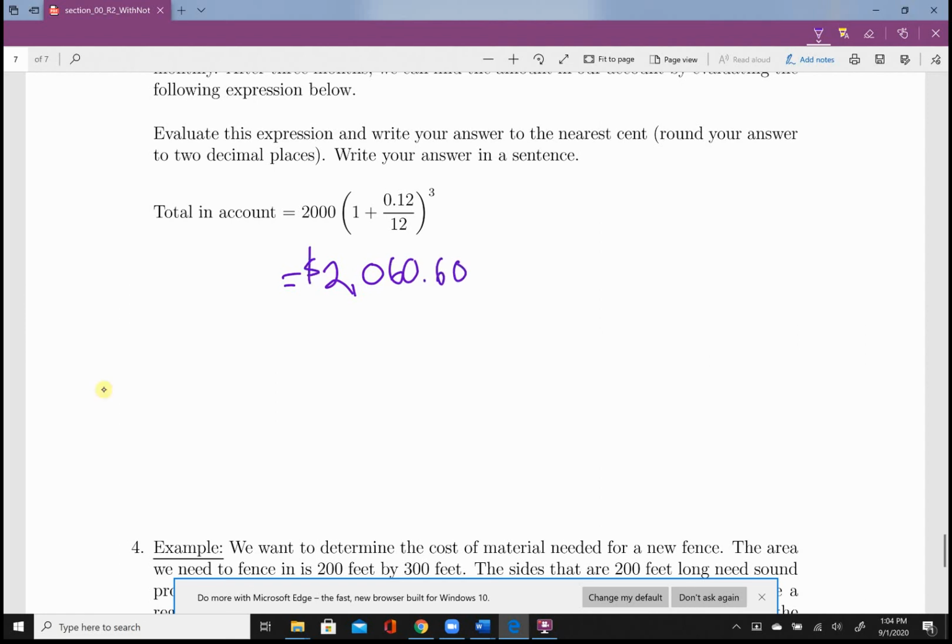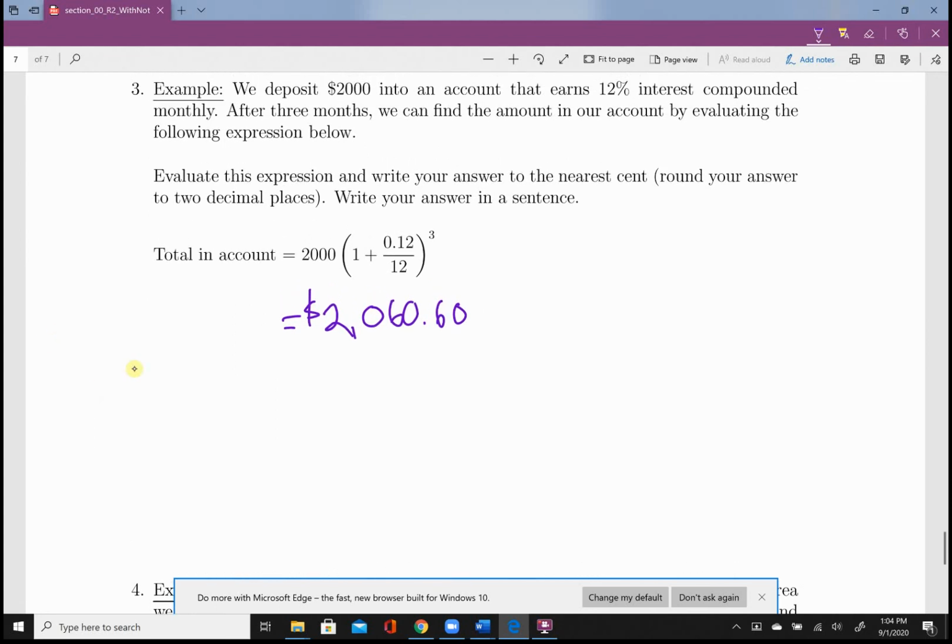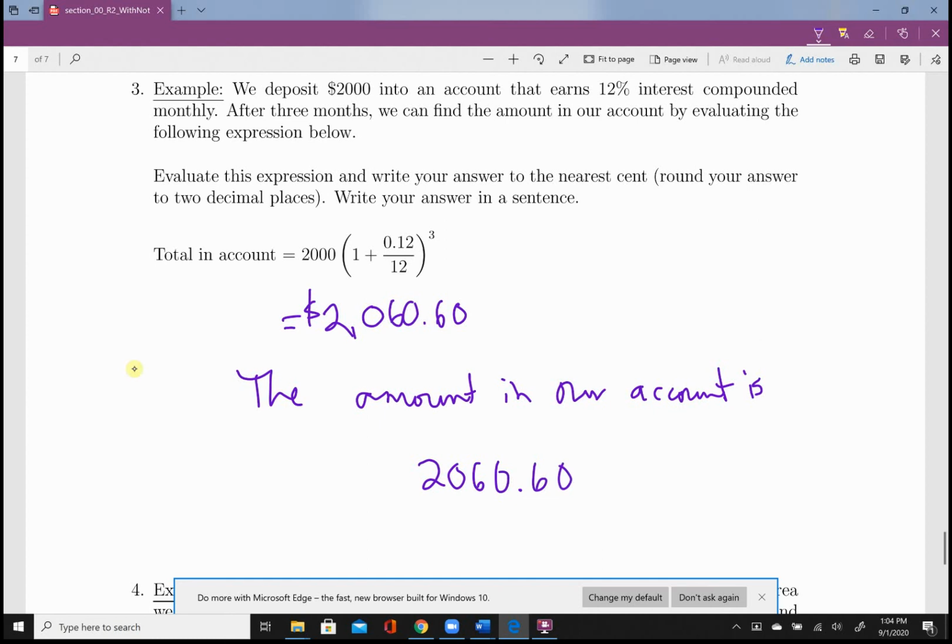We'll say the amount in our account is $2,060.60. So that's when you started off your account with $2,000 and it earns 12% compounded monthly interest.